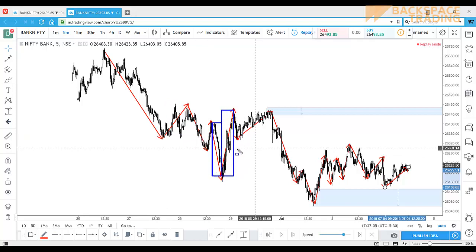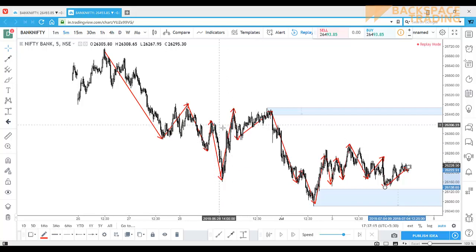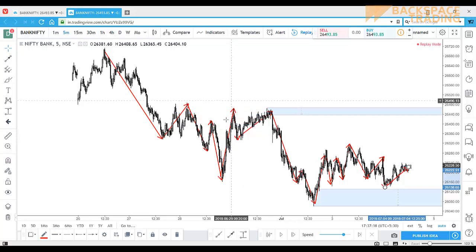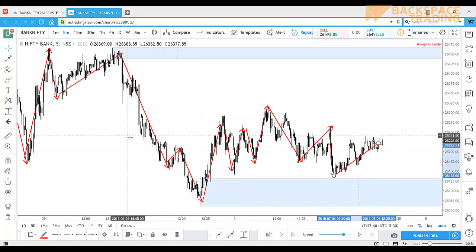Get it? With our normal support and resistance, this is an indication of trend change, but we didn't plot the framework for this part, so I'm nullifying this part.